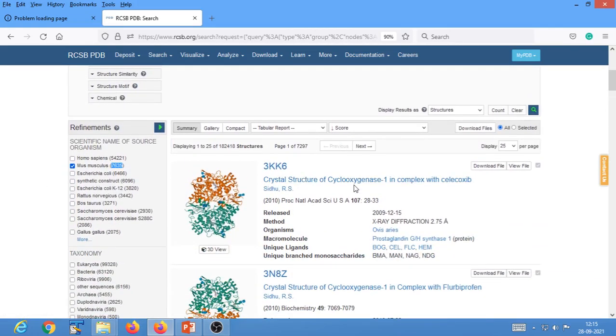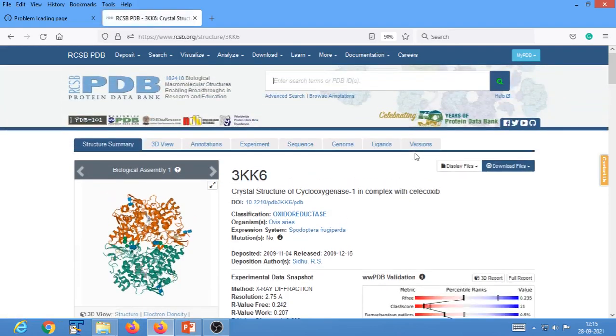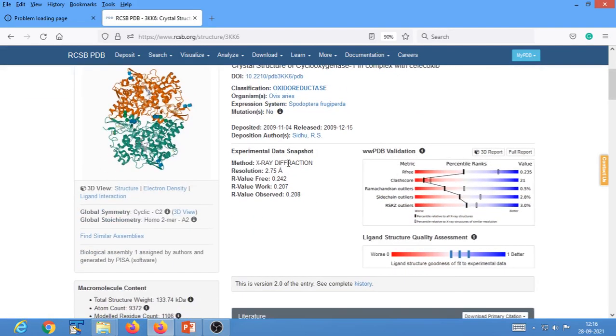Let us focus on this COX-1 for the time being. If you click on it, you would be taken to the page where you can download the information. This structure has been resolved at 2.75 Angstrom resolution, and the observed R value is around 0.20.